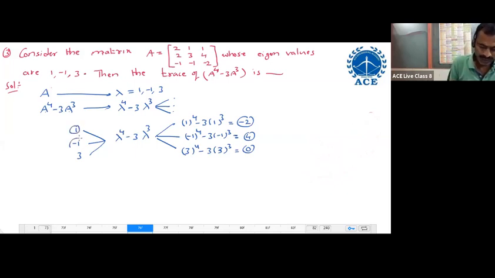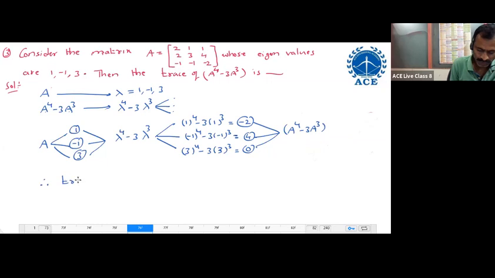If these three are eigenvalues of matrix A, then these three will be the eigenvalues of matrix A power 4 minus 3A cube. If you know the eigenvalues of this, we can have the trace.